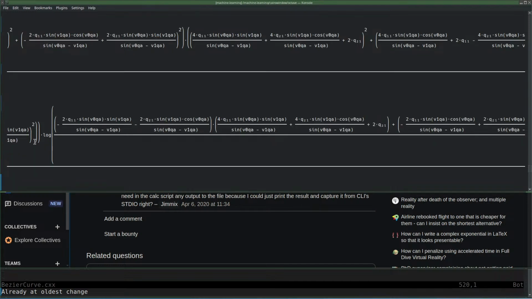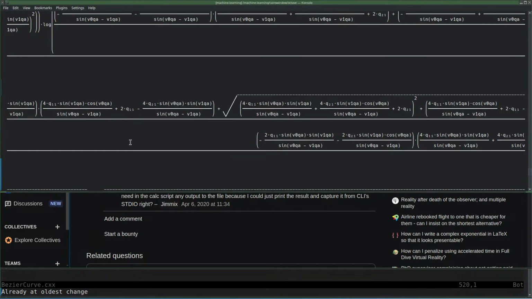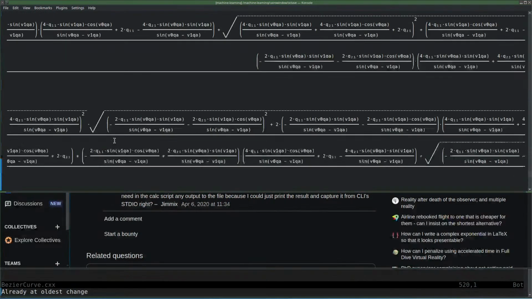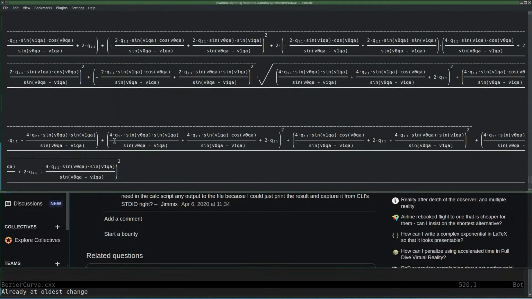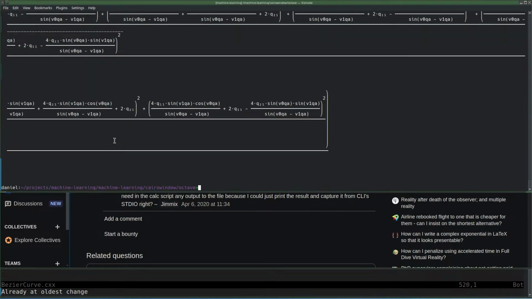Oh, it's because of the log here. So there's no separation line. It does use the width of the terminal.